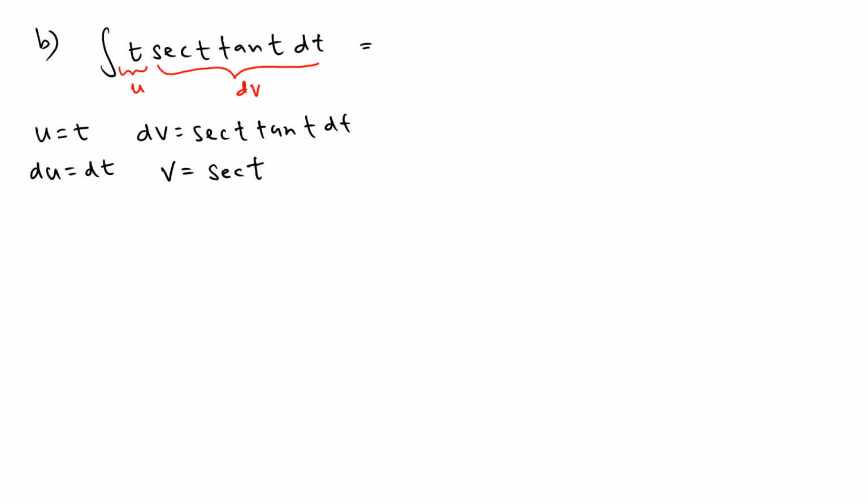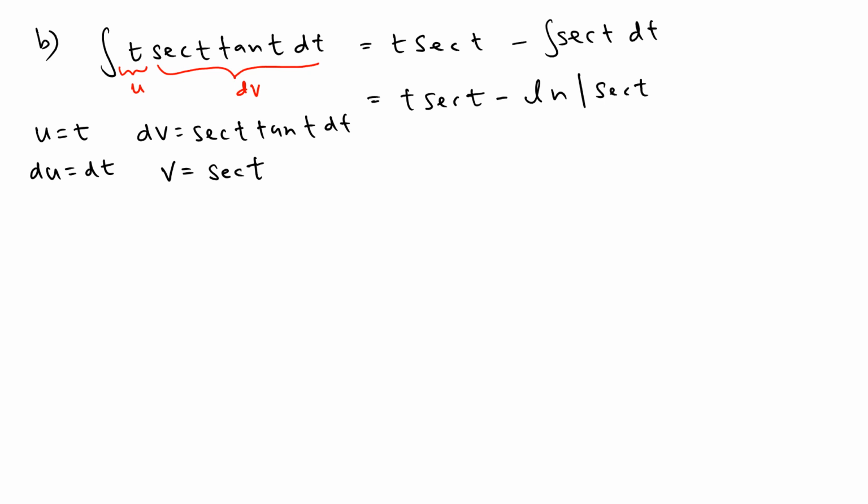So it's very easy now. So uv, that means t secant t, minus the integral of v du, that means secant t dt. For secant t, we know there's a formula for that, so it is t secant t minus the natural log of secant t plus tan t, plus c.